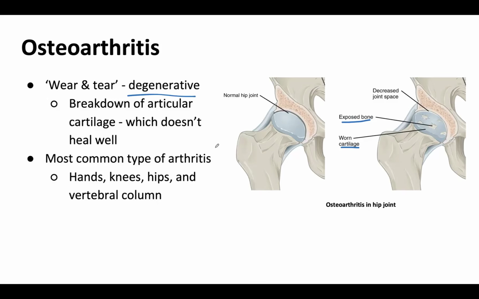Causes are multifactorial, but include just general aging effects, increased wear and abrasion at a joint, so you can have increased activity there. Muscle weakness can actually lead to the processes that can lead to osteoarthritis and potentially irritation within a joint.